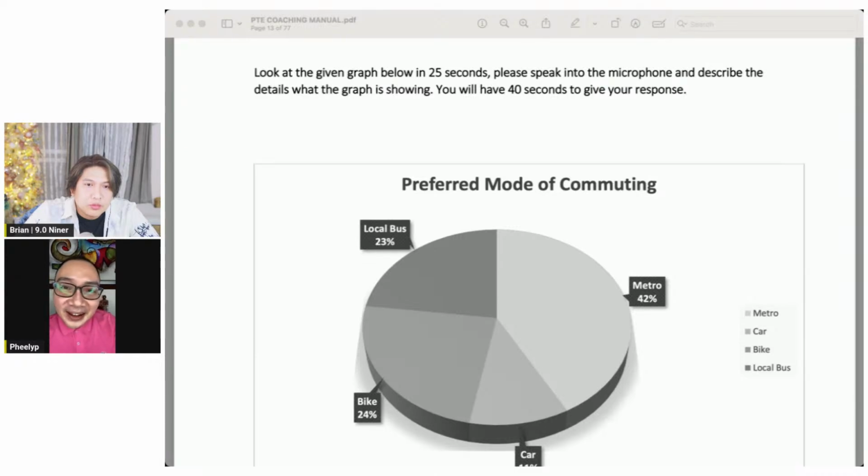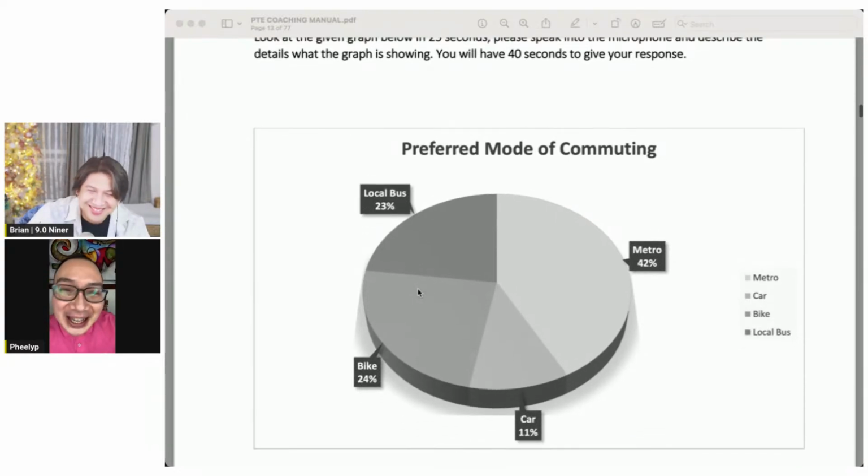Immediately, it can be seen that commuting through metro is the most preferred by far at 42%, followed by bike at 24%, local bus at 23%, and car at 11%. The differences are quite stark because the percentage of people who would prefer metro is roughly 4 times larger than this.